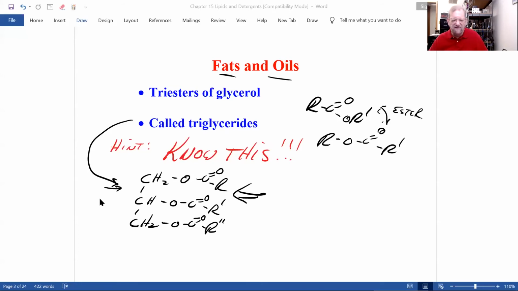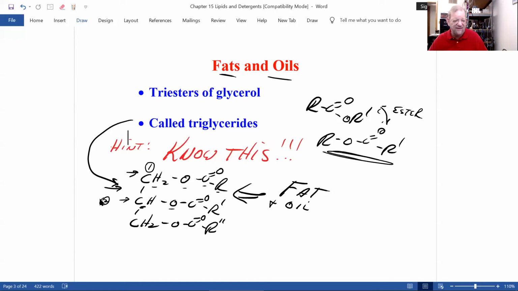So every fat and oil has this structure. And if we look right here, we have ester number 1: carbon, oxygen, carbonyl, carbons, ester. We look right here, we have ester number 2: carbon, oxygen, R prime, or R like up here, carbonyl, R prime.